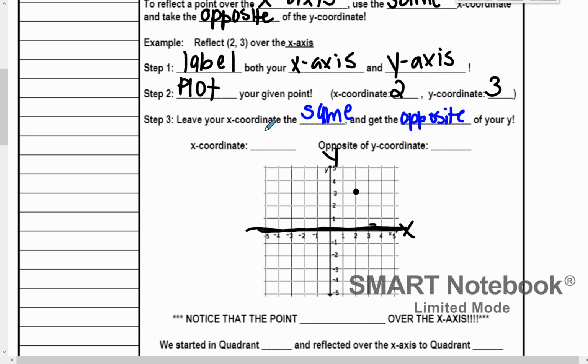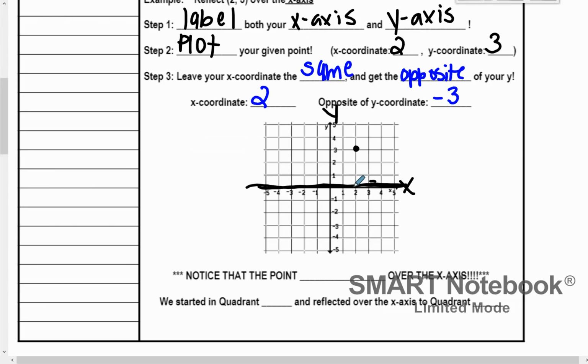So our x-coordinate is 2, that stays the same. Our y-coordinate is 3, so we need to take the opposite of 3, which is -3. And our point should end up being at (2, -3). It should have just flipped over that x-axis, which it looks like it did. 1, 2, 3 units away, 1, 2, 3 units away, and it's on the same line. It's just reflected over that x-axis.